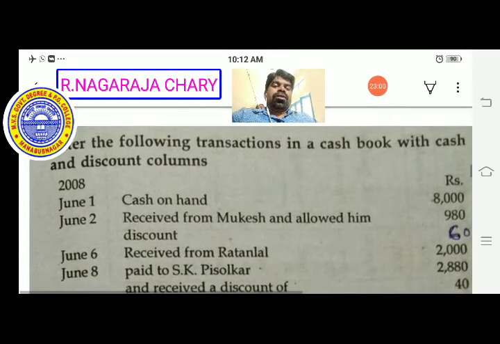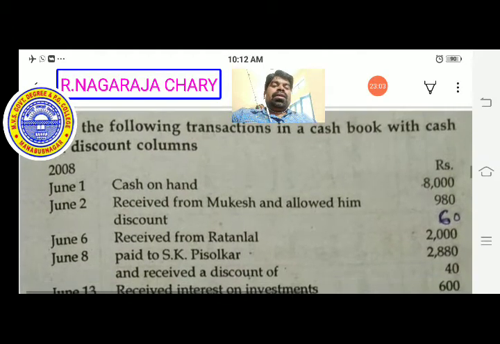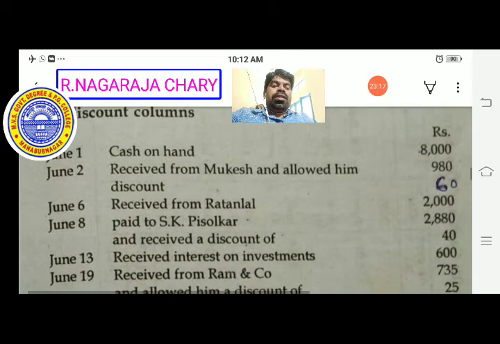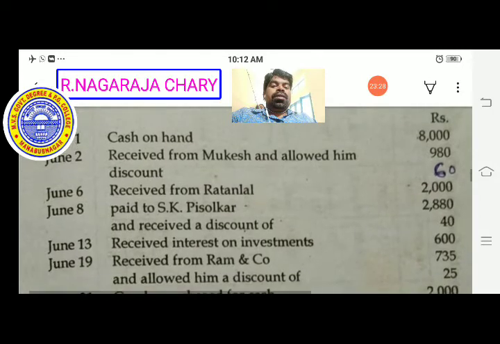So, on 2008 June 1st, cash on hand 8,000 rupees. On June 2nd, received from Mukesh 980 rupees and allowed him discount 60 rupees. Received from Ratan Lal 2000 rupees. Paid to SK Pisolkar 2880, and received a discount of 40 rupees.